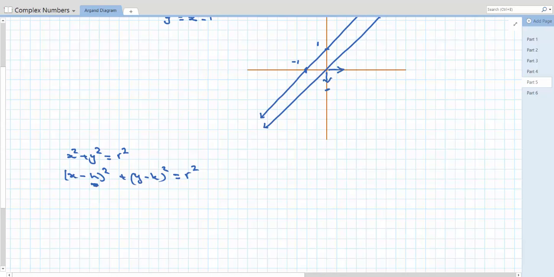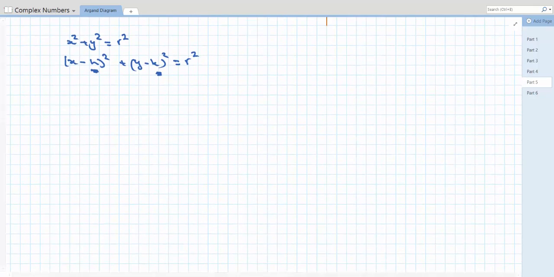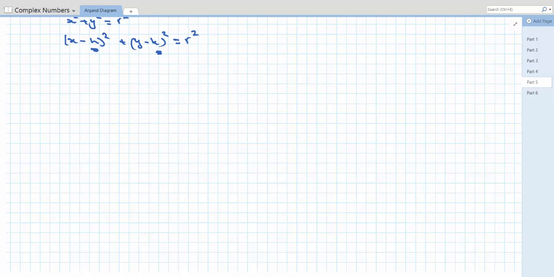Its x values have been shifted to the right by a magnitude of h, and its y value has been shifted up by a magnitude of k. So keep those ideas in mind as we move on to our complex numbers.